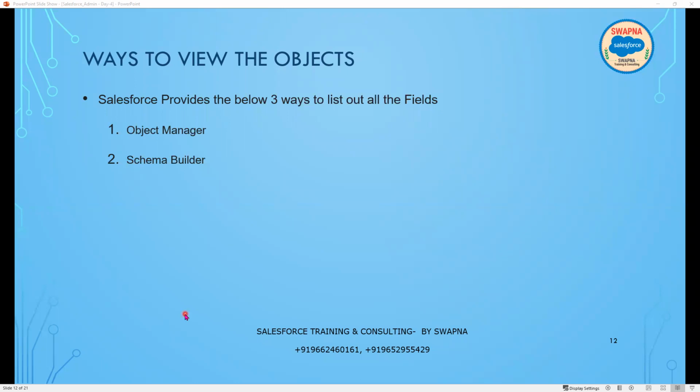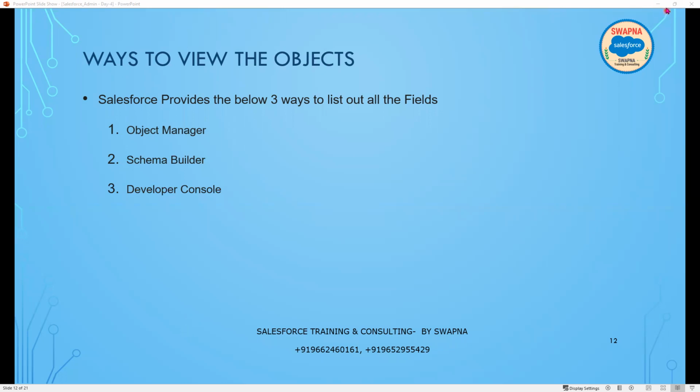In the Schema Builder also, I can view all the objects, whether custom or standard, all the sObjects. And the third one is Developer Console. So the three ways are Object Manager, Schema Builder, and Developer Console.